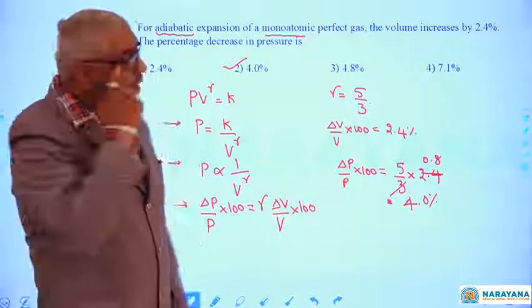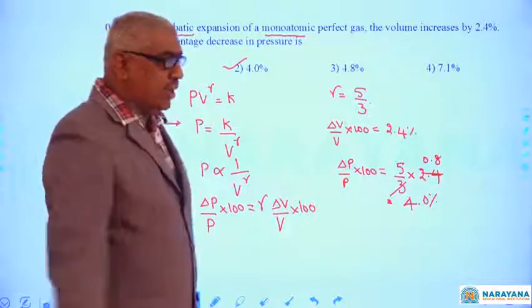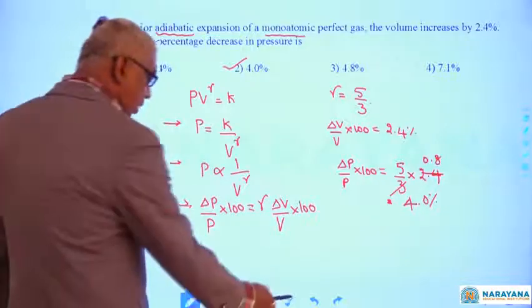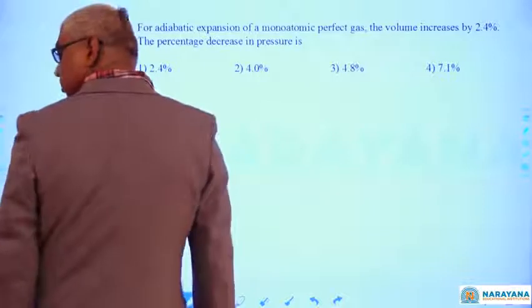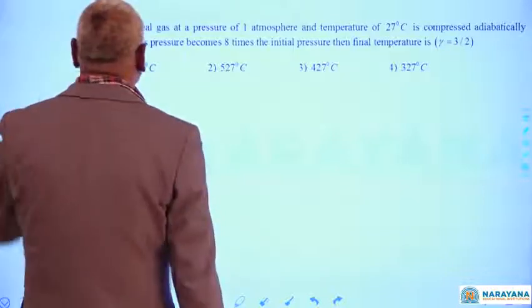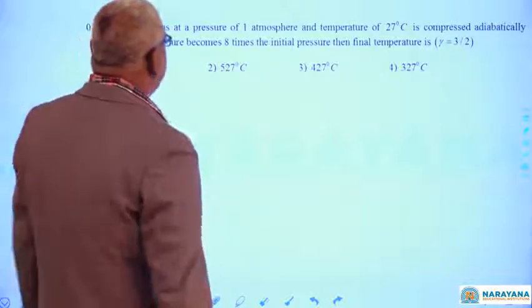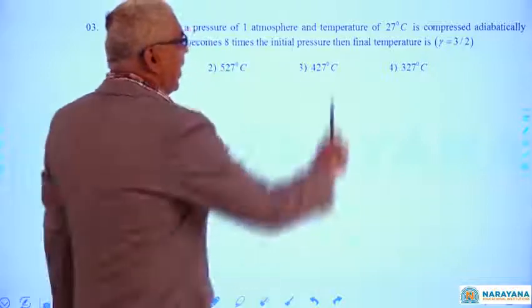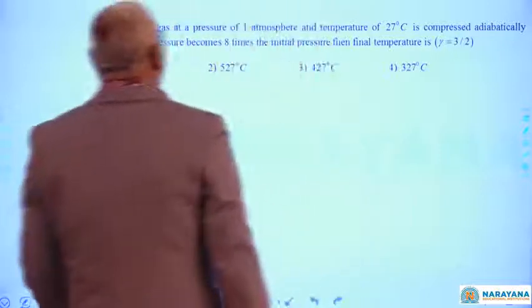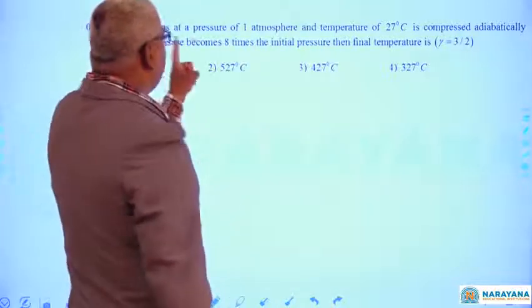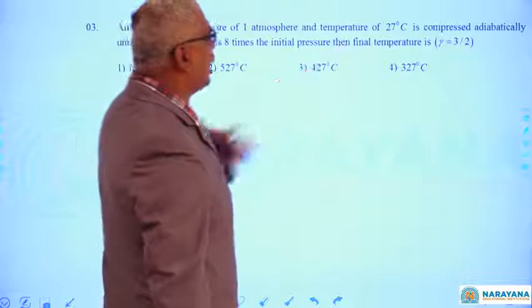Now we are into the third problem. An ideal gas at a pressure of 1 atmosphere and temperature of 27 degrees Celsius is compressed adiabatically until its pressure becomes 8 times the initial pressure.